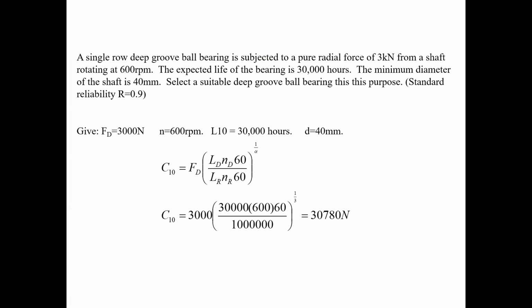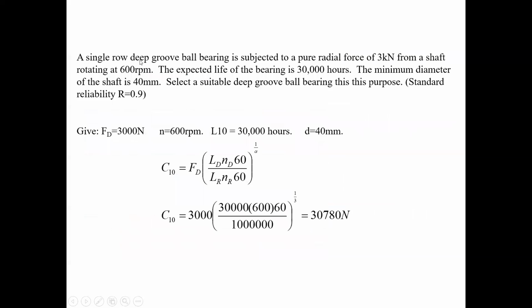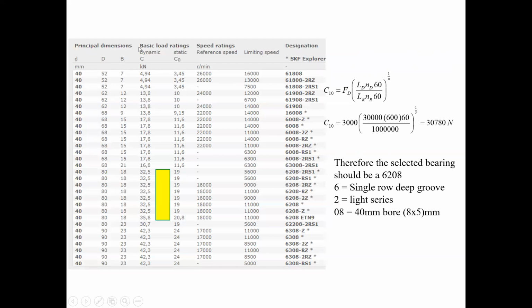This value of C10, we want to check from the catalog. Later, I will show you a complete catalog. This is one page of the catalog for the bearing. This is the small diameter d, and so on. For the C10 value, we refer to the basic dynamic load here. You will find that the C10 value just now is 30,000. So we need to find a basic load that is more than the C10 value.